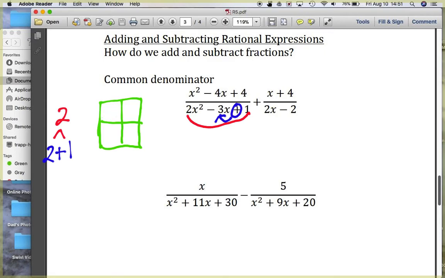Let's do this. So then I'm going to take that number at the beginning, the 2x squared, and once again that's from here, and I'm going to take the last number, which is obviously a 1.